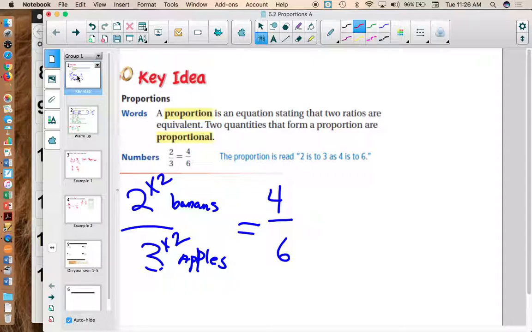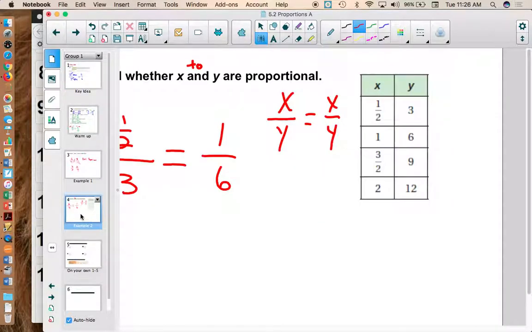Okay, I was looking at it wrong. Instead of 1/2 over 3, I was thinking of each separate, like 1/2 compared to 3 over 1.